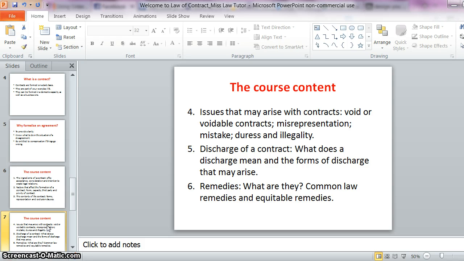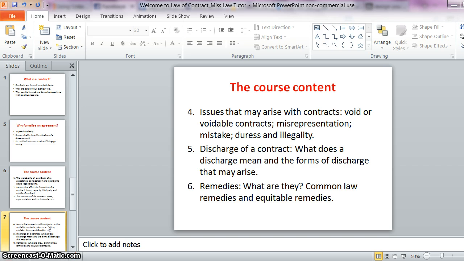So you might have issues to do with misrepresentation there. And then you have mistake, and then you have things to do with duress and illegality. So in other words, a contract might not be valid, or it might be illegal. You might not be able to have that type of contract.